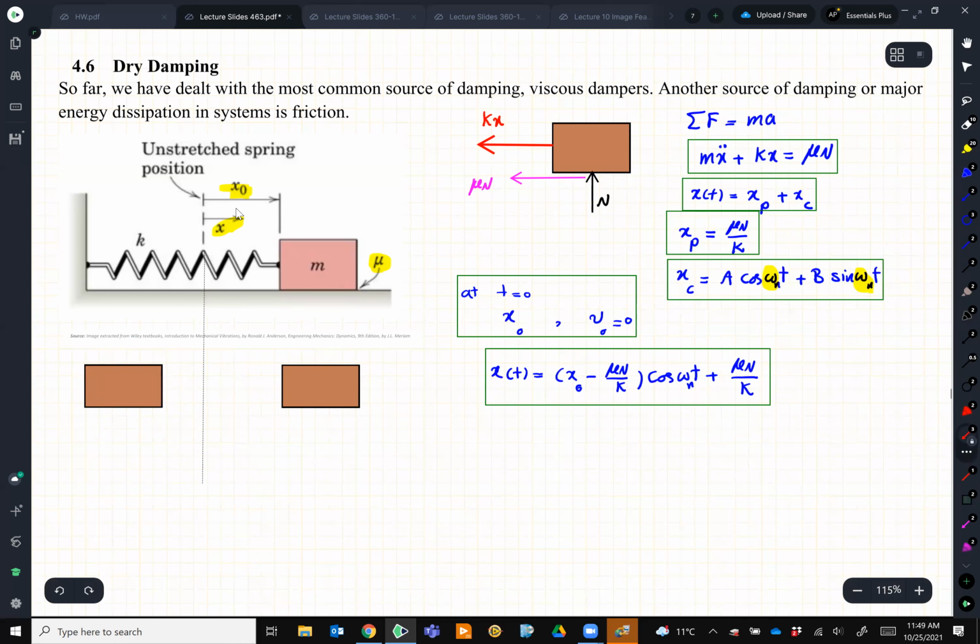Okay, so I know the distance from here to here is x0. I wish to find out what this distance is. So all I need to do is, from this point to this point, the system finishes half a cycle. We agree? Remember, a full cycle is going there and coming back to this x0. So over here is half a cycle.